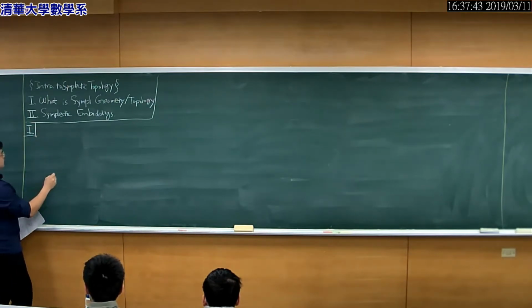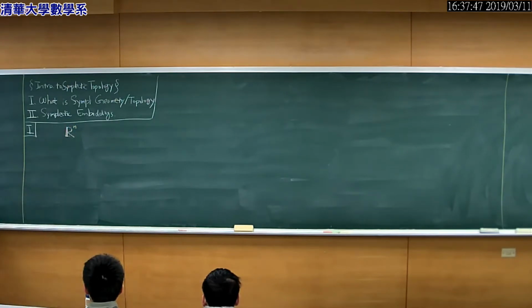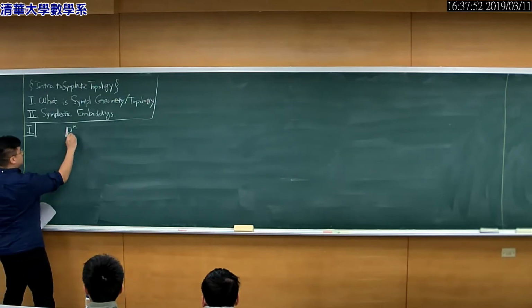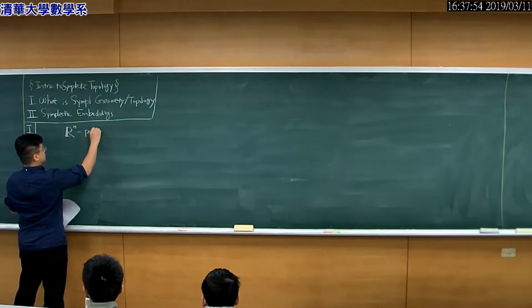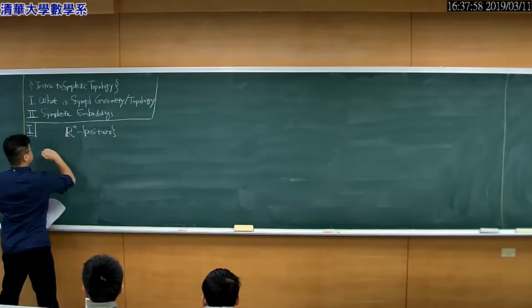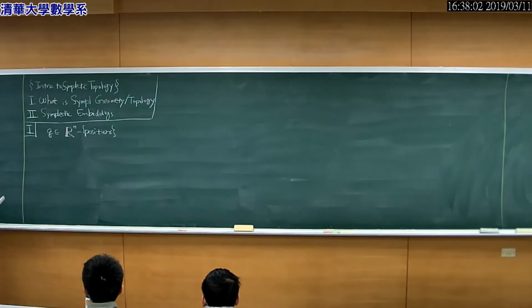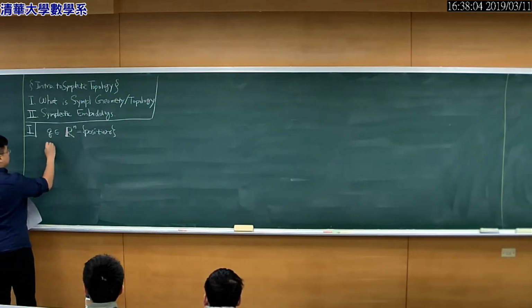So you all know what R^n is, right? It's an n-dimensional real Euclidean space, and we think of this as a position coordinate. Let's say I give it a symbol Q, and we want to assign a counterpart.